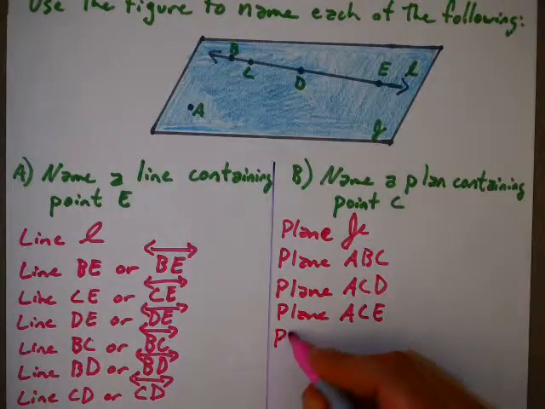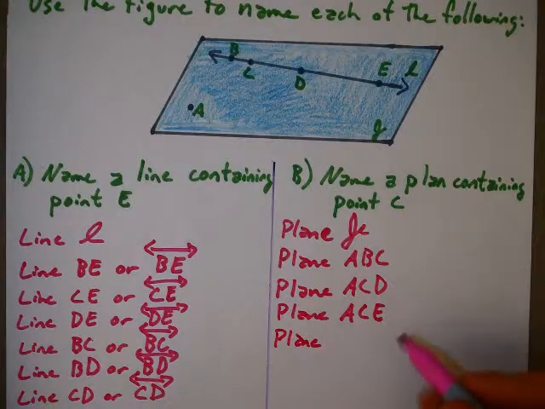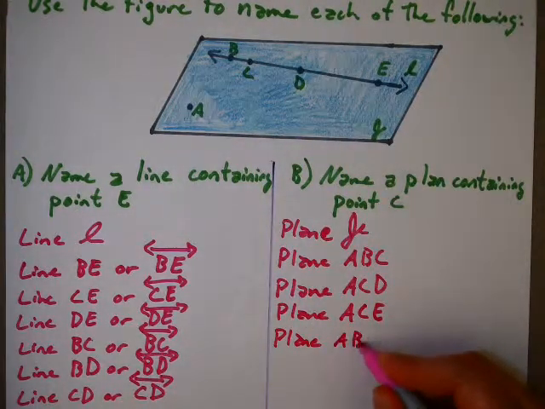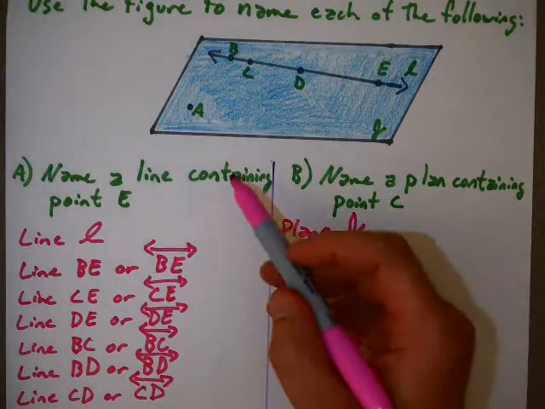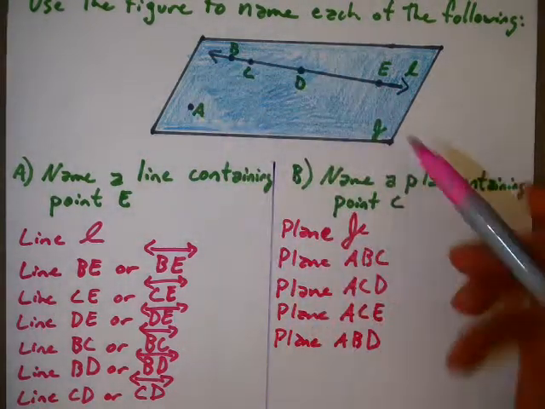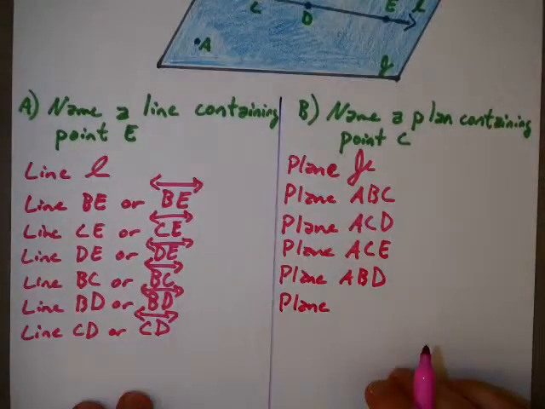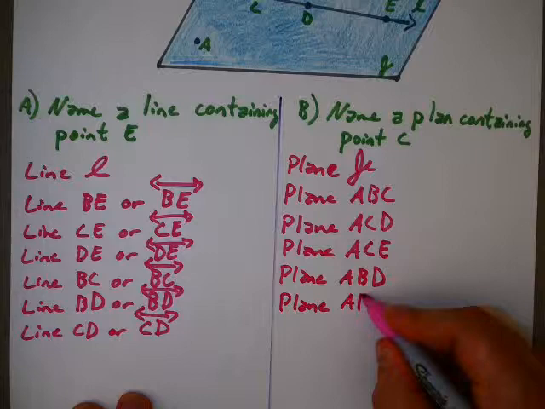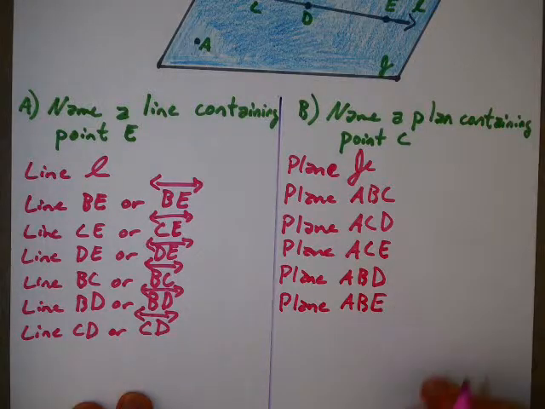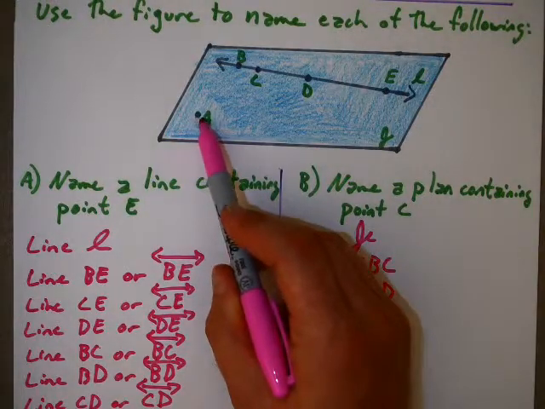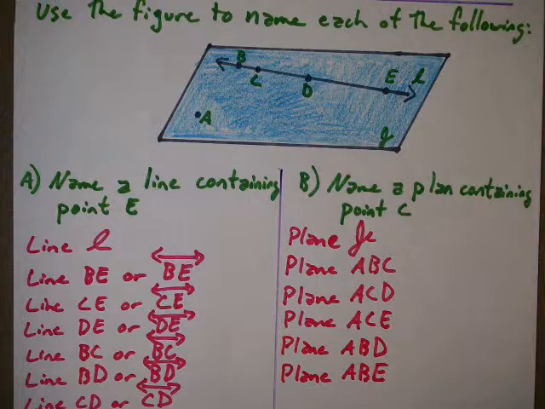For instance, we could use plane ABD, or plane ABE. And I think there's one final way we can name this, which is plane ADE.